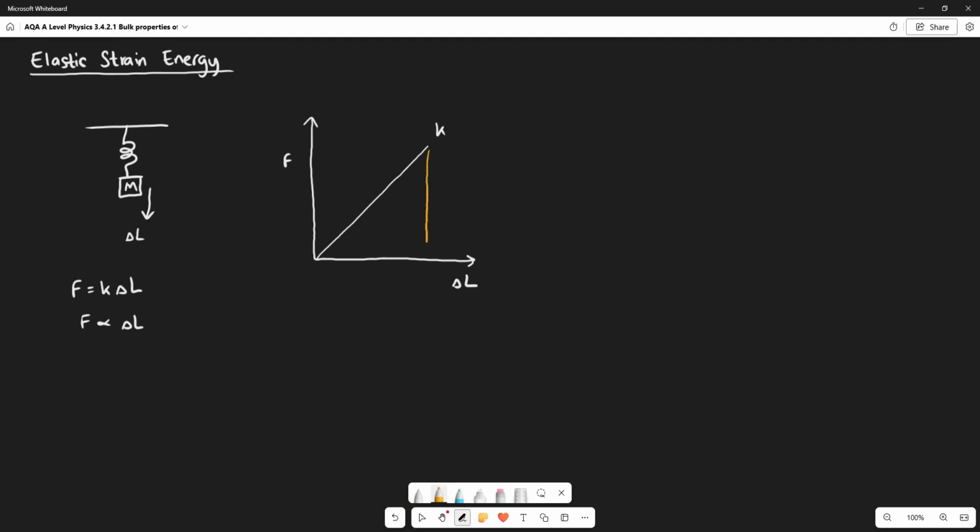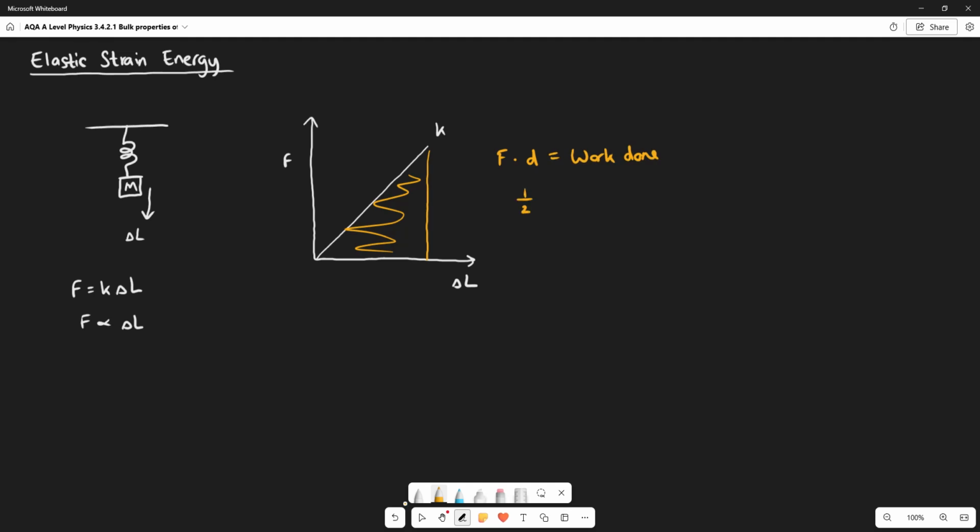If we calculate the area beneath this line, then we're multiplying the axes by each other, and any force multiplied by a distance gives us work done. The work done on the spring.